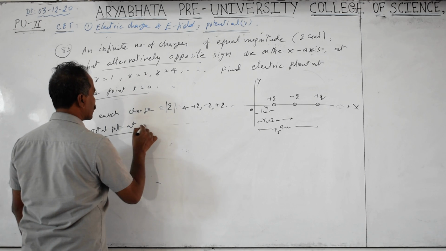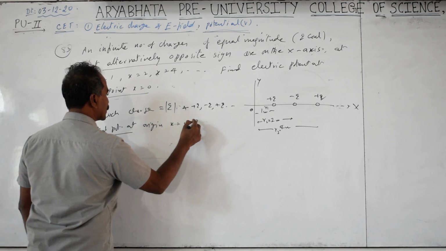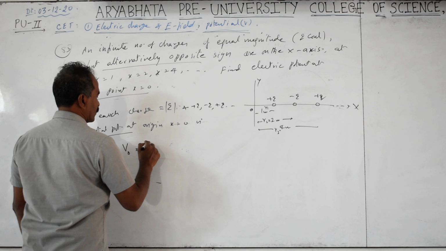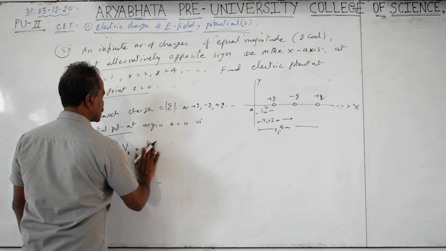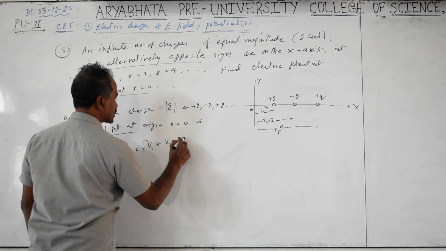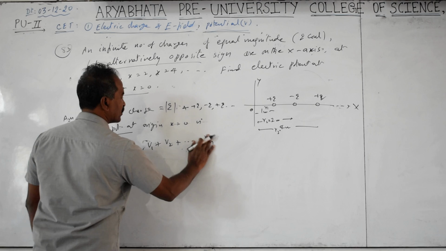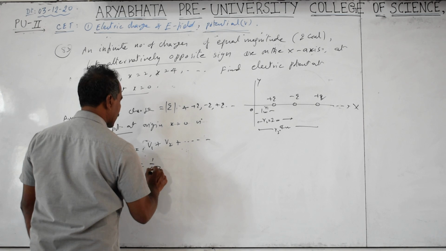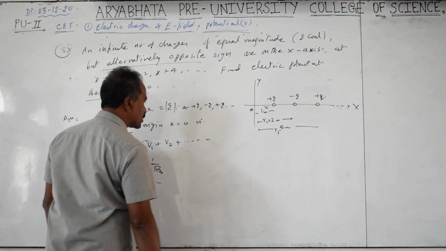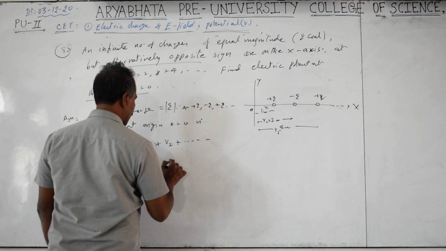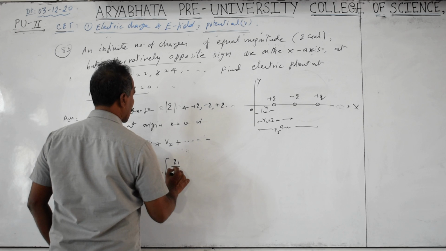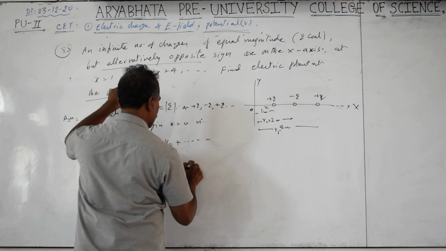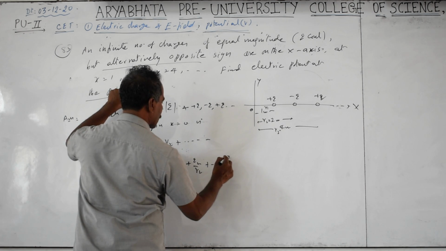The total potential at the origin, x equal to 0, is V total equal to 1 by 4 pi epsilon naught into V1 plus V2 plus and so on, any number, up to infinity, which is equal to k q1 by r1, or x1, plus k q2 by r2, plus and so on.